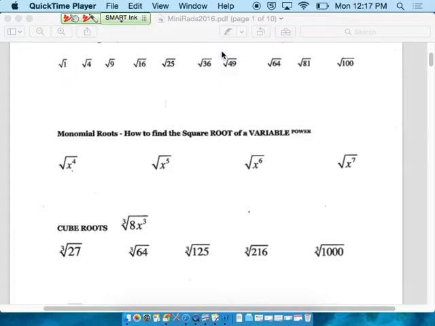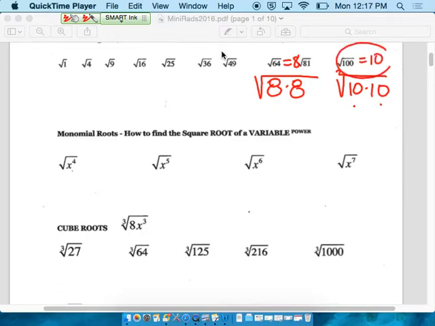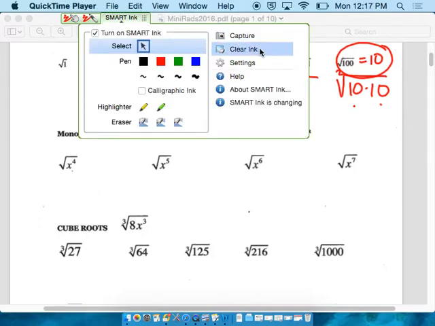And I've listed some of the first few perfect squares. 64 is 8 times 8, so the square root of 64 is 8. The square root of 100, well 100 is 10 times 10, so the number 10 multiplied times itself twice to match the index. So the square root of 100 is 10. And I would ask you to go through and complete any that I didn't catch on the video.